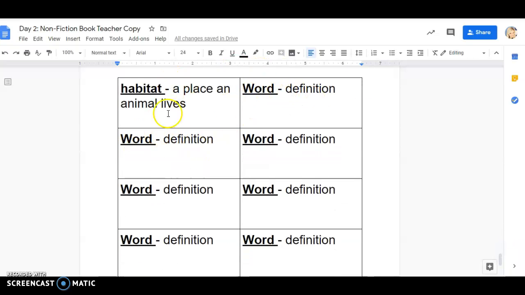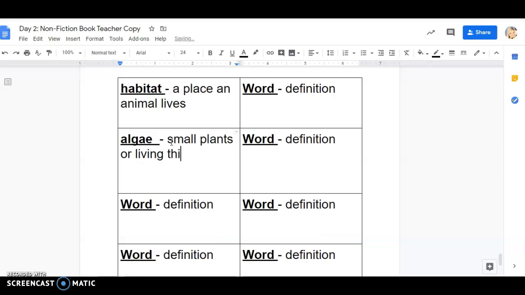You can go left or right or up and down. I'm going to put algae right here. Okay. Now algae, I know this word, so I don't have it down in my notes, but I remember what the definition was. And I can put it into my own words. Small plants or living things.